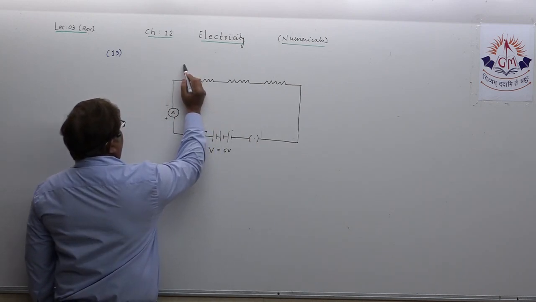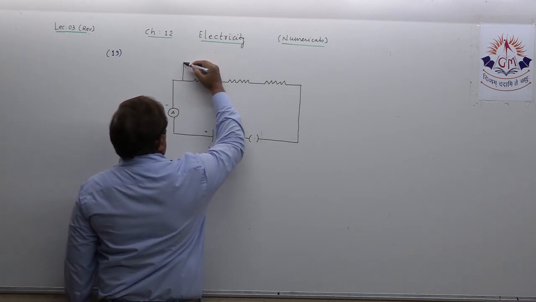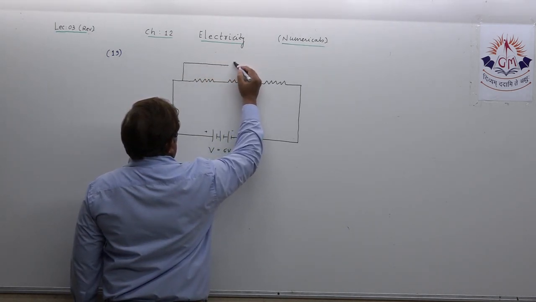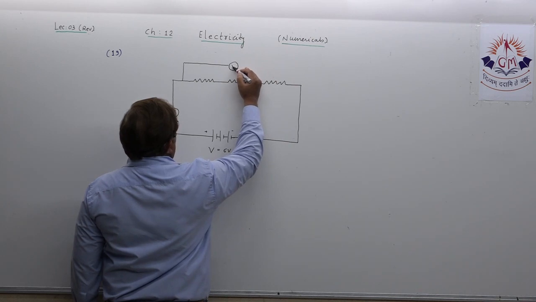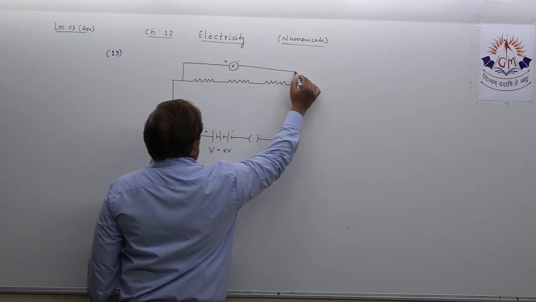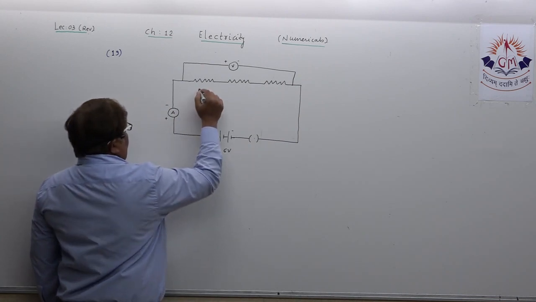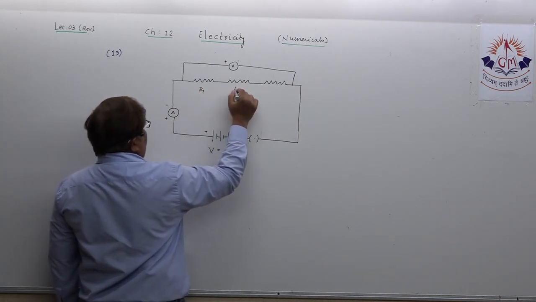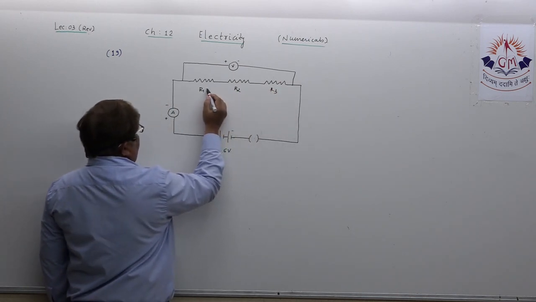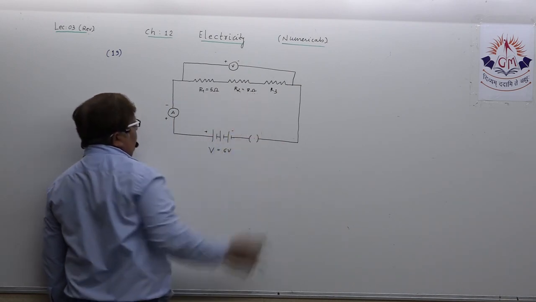And even if not mentioned, I always insisted you to draw the voltmeter. Understand? Voltmeter, you all know, always is in parallel connection. Okay. This is R1, R2, and R3. R1 that is 5 ohm, R2 that is 8 ohm.